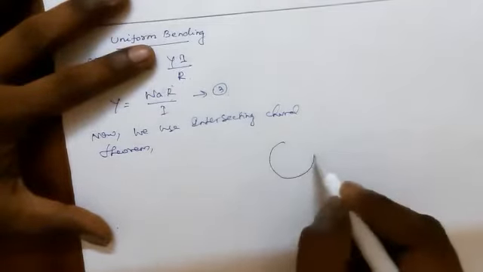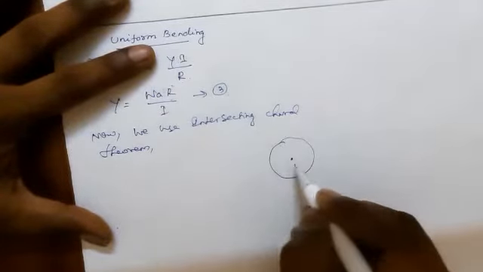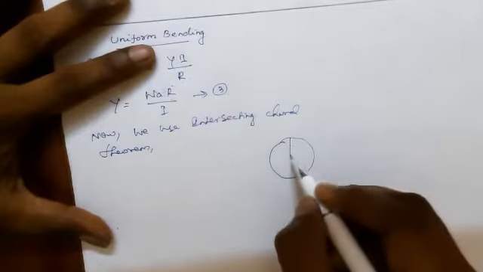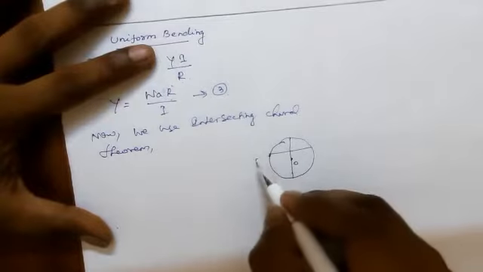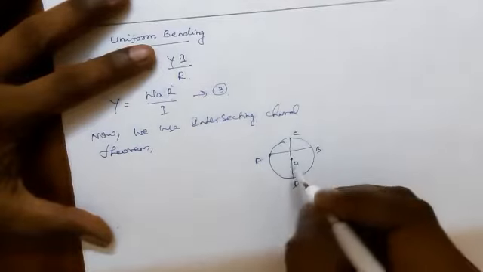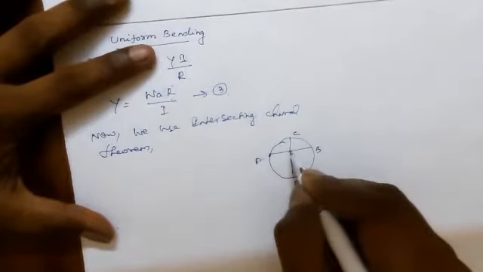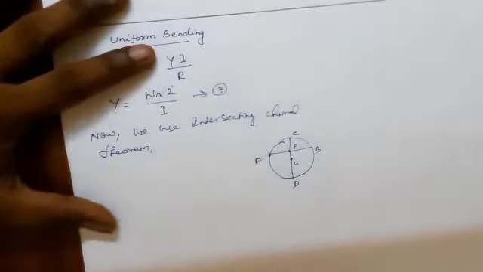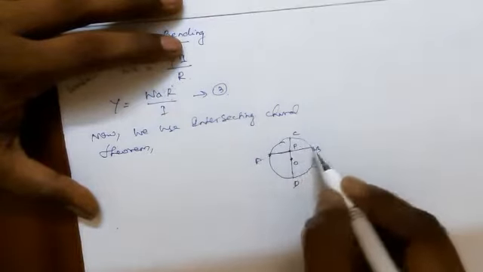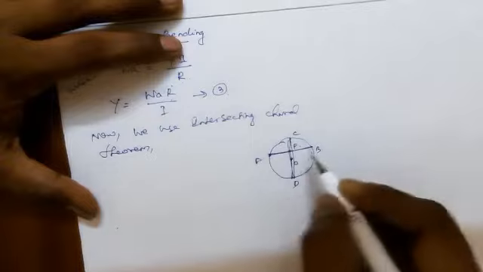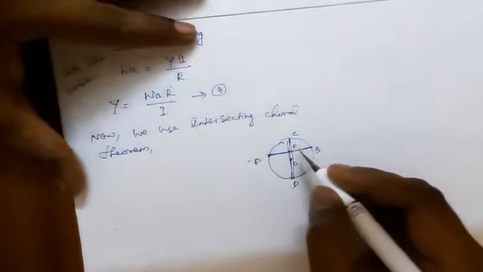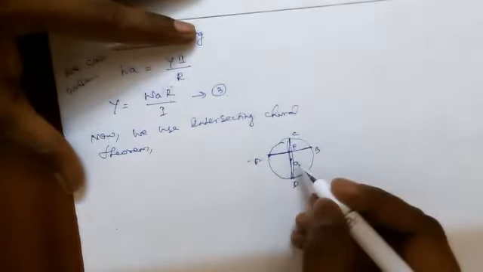Consider a circle with center O, and two chords intersecting like this, A, B, C, D, at the point F. When the two chords AB and CD intersect each other inside a circle, the product of their segments are equal.